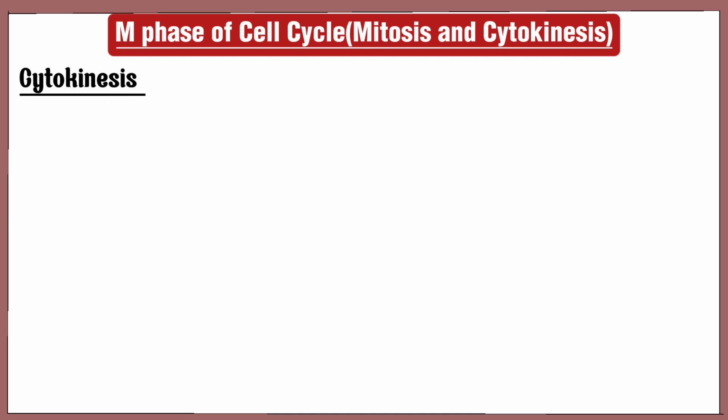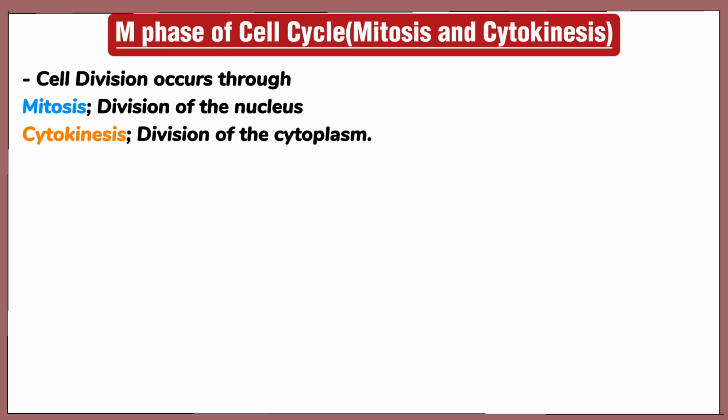So note the key points to remember about the M phase of the cell cycle. During the M phase, cell division occurs through two processes, which are 1. Mitosis, and we say that it is the division of the nucleus, and 2. Cytokinesis, which is the division of the cytoplasm.